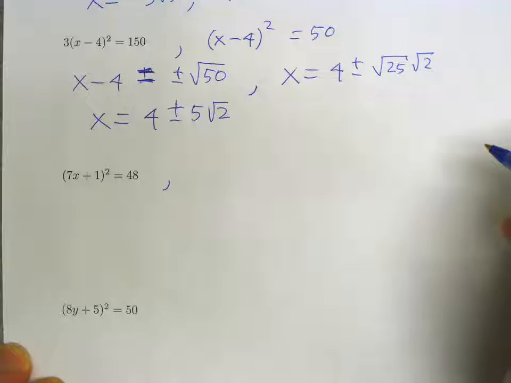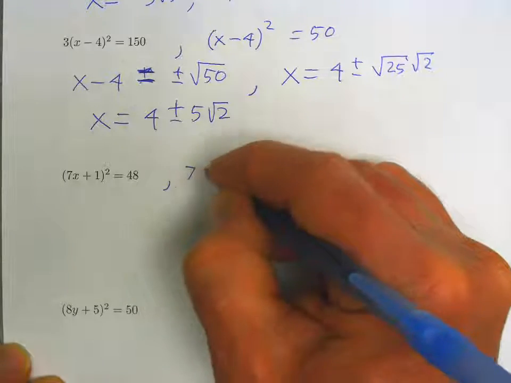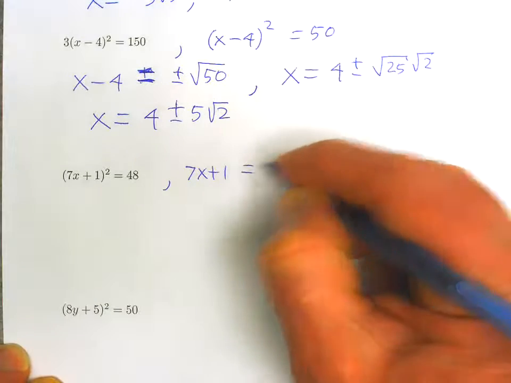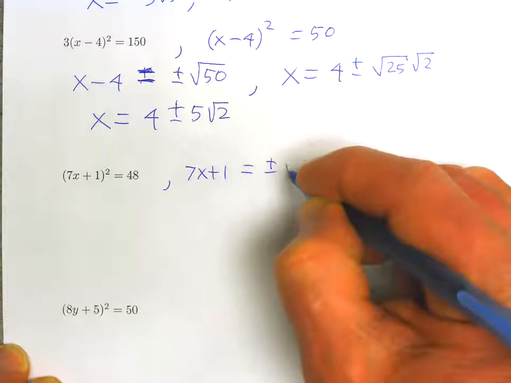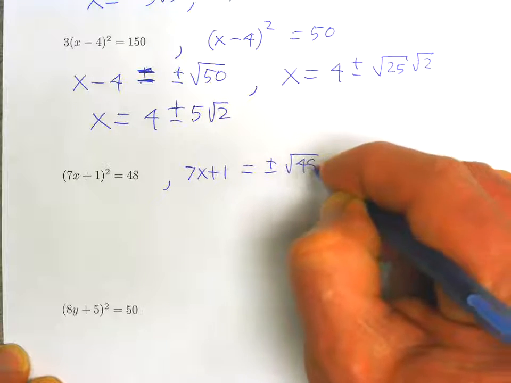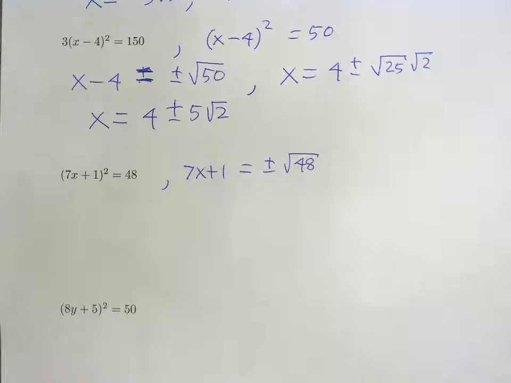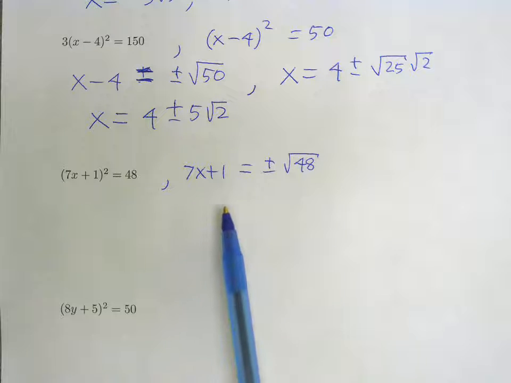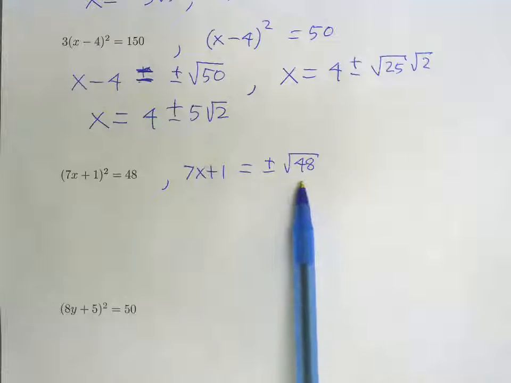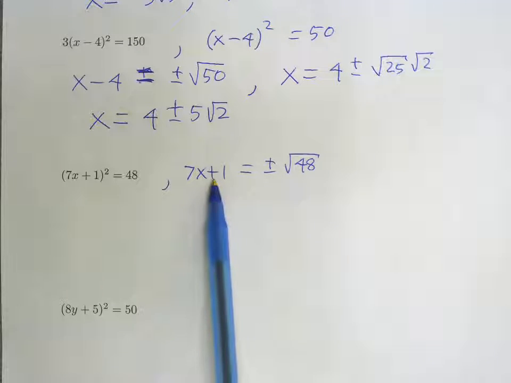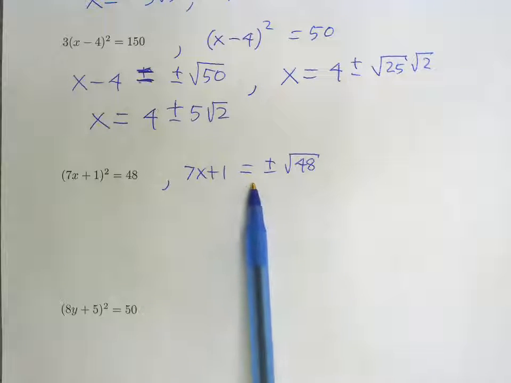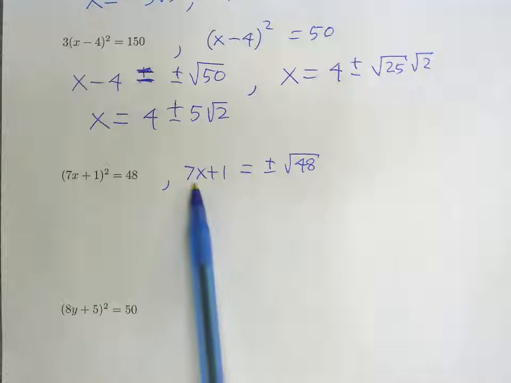So when we apply the square root property, we get 7x plus 1 equals positive and negative square root of 48. Okay, so to write down the two solutions for x, three things are going to happen. We have to simplify the square root of 48. We have to subtract 1 from both sides. And then the last thing we'll do is divide every term on both sides by 7.